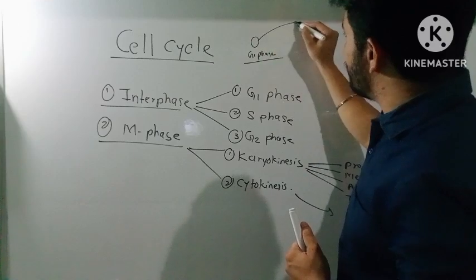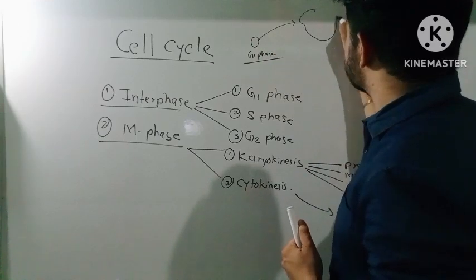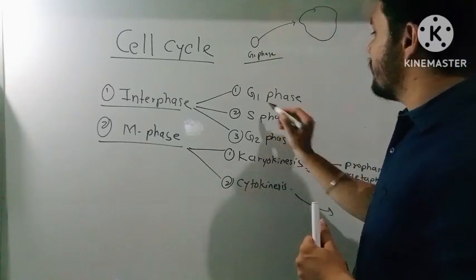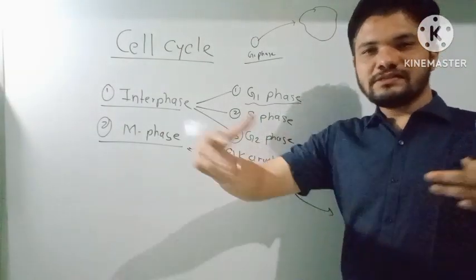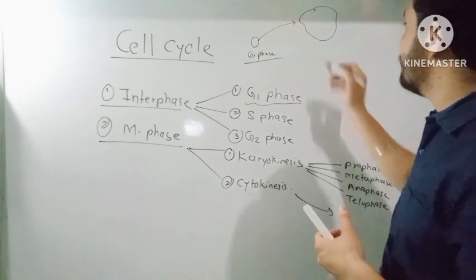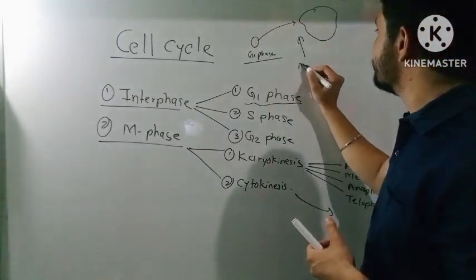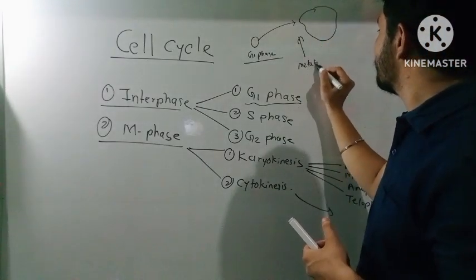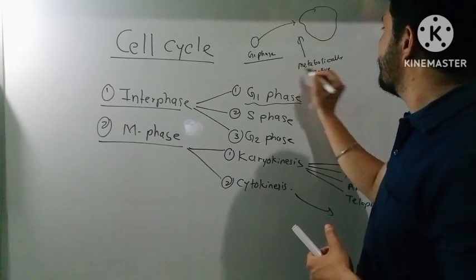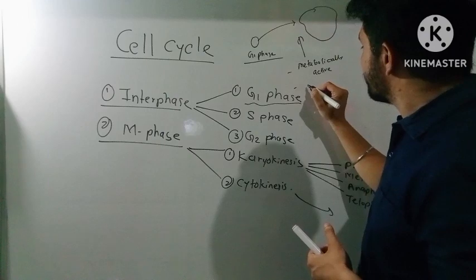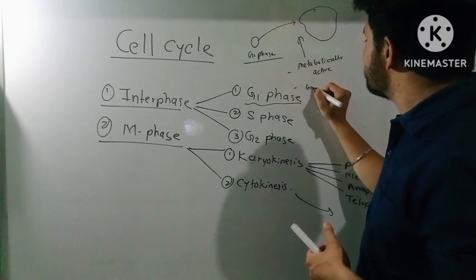So the cell will grow in its size. What will happen in the G1 phase? The cell will increase its cytoplasm. It will be metabolically active, first thing. And it will be in a growing state.